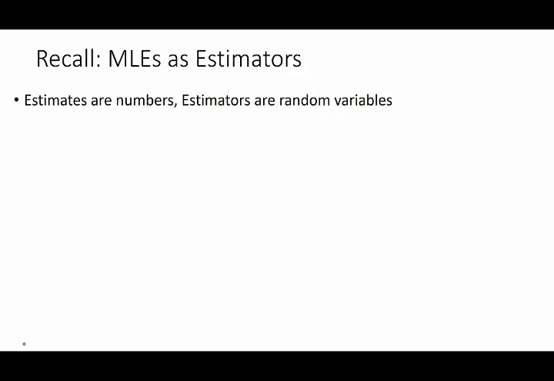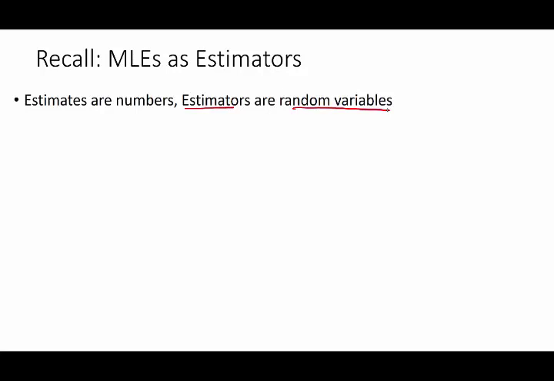However, if we want to derive confidence intervals for unknown parameters, or do inference about unknown parameters, then we need to switch our point of view and consider these MLEs as estimators, random variables themselves. Because once we consider them as random variables, we can talk about things like what is their expected value and what is their mean.